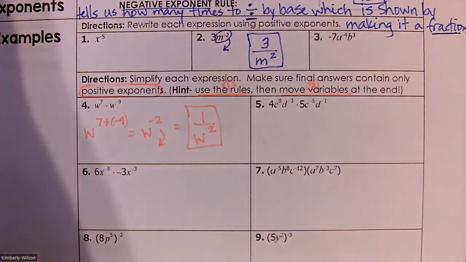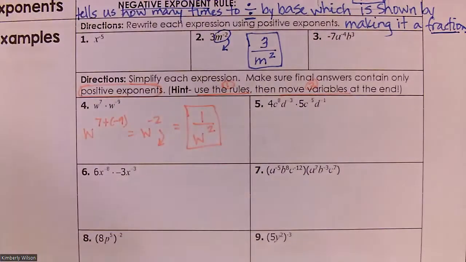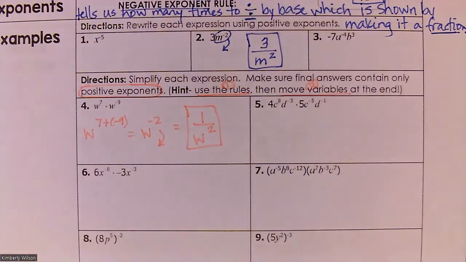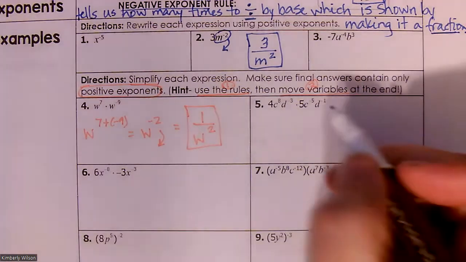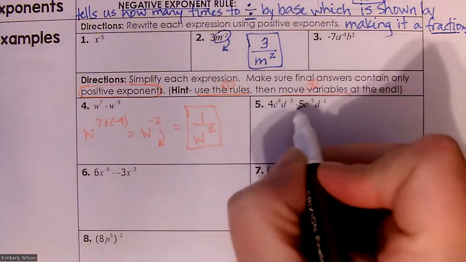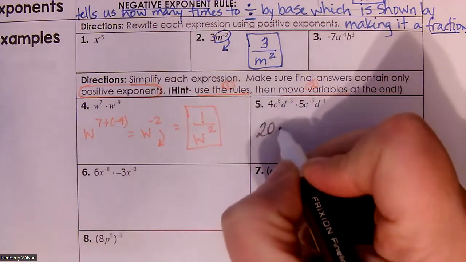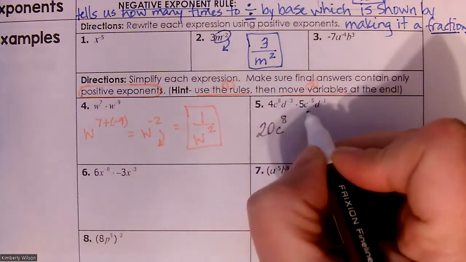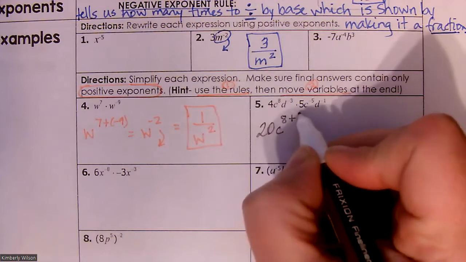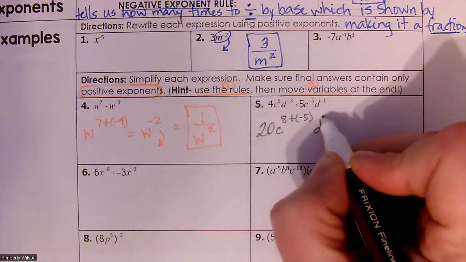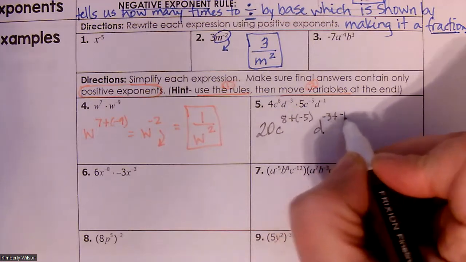Okay, let's go through some examples because that's going to be the best way to learn and understand this. Okay, so remember, we use our rules first. So that means I'm doing 4 times 5, which is going to give me 20. And then I have a c to the 8, and it's times c to the negative 5. So it's plus negative 5. And then we have d to the negative 3 plus negative 1.